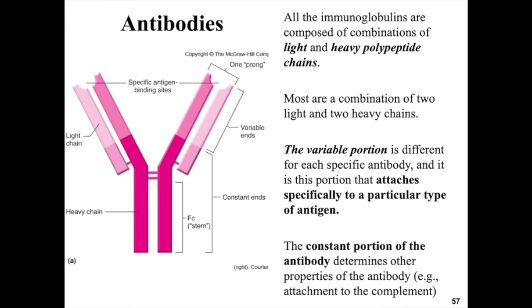The constant portion interacts with several aspects of the innate immune system. We talk about neutrophils, we talked about eosinophils, mast cells, and basophils, but we also will speak about the complement. The variable portion is the one that binds to the antigen.